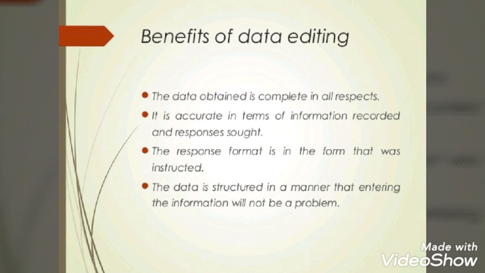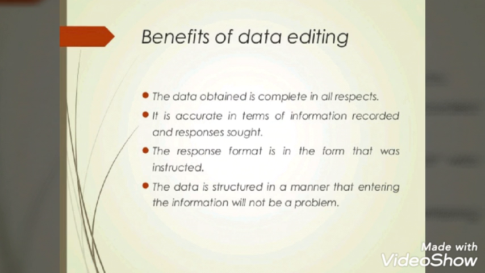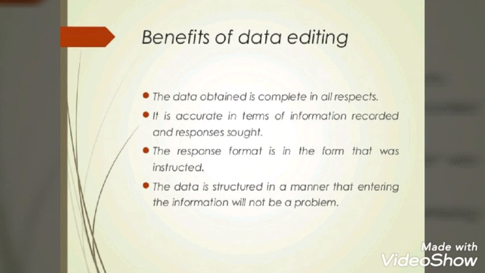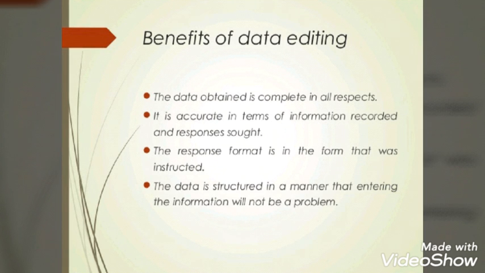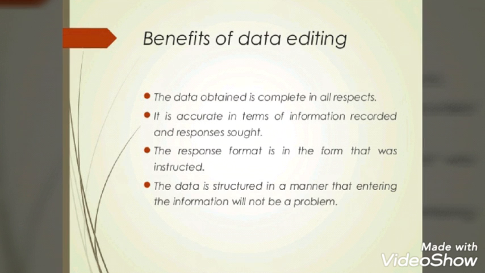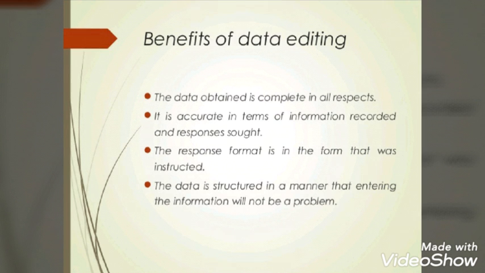The response format is in the form that was instructed. So what you are doing in data editing is always instructed to you, and in the same way you carry it to the next step. The data is structured in a manner that entering the information will not be a problem. So whenever you finish data collection and editing, you do it in the same way as you are instructed, so there is no problem in your data collection.